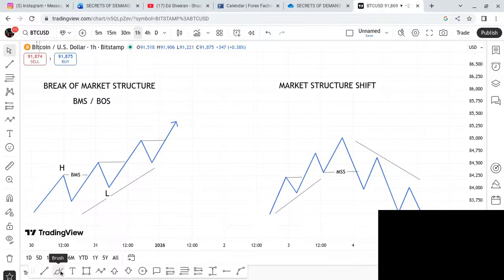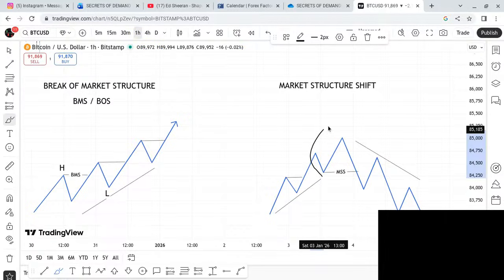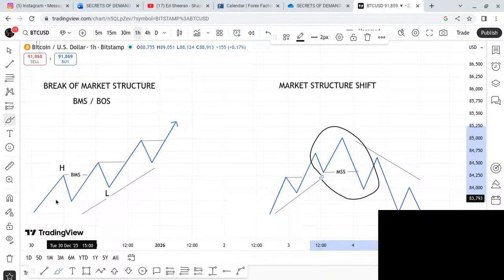After the market structure shift, then we get what they call a break of market structure. Now this one here, the one we called market structure shift, they try to come and trade below the previous low, breaking a previous low, and make a lower high and a lower low. This we call the market structure shift. But later here we have what we call a break of market structure.